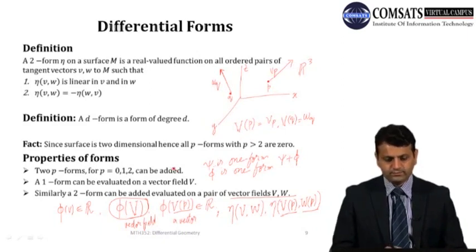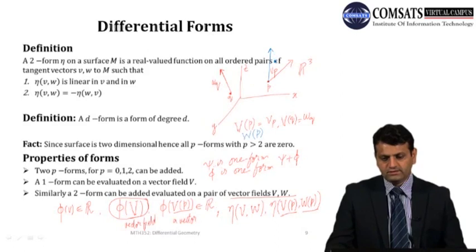So अगर मैं W ले लूँ, so let's say W is the vector field और उसको मैं इसी सेम पॉइंट P पे अगर अप्लाई करूं तो मेरे पास एक और वेक्टर आएगा एंड लेट्स से दिस वेक्टर इज W_P. सो बोथ वेक्टर्स हैव द सेम पॉइंट ऑफ एप्लीकेशन. सो हमारे पास एक ऐसा फंक्शन आ जाएगा विच इज eta of V of P and W of P. V of P is a vector, W of P is a vector, and eta of V of P, W of P is going to be a real number, so it belongs to R. So once again we have a function जिसका input points of R3 हैं और output हमारे पास real numbers हैं.